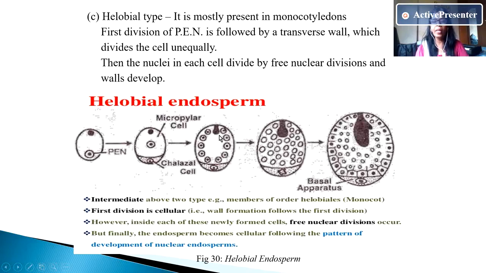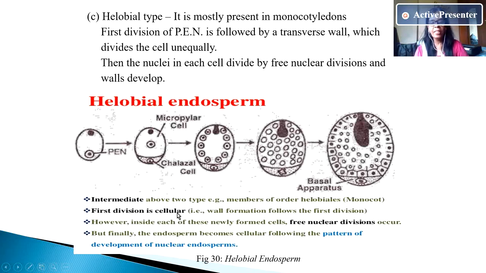Then free nuclear division takes place, and after the free nuclear division, cell formation takes place in between. So this is known as the helobial type. It is intermediate between the two types, and is found in members of the order Helobiales, monocots. It is intermediate between nuclear and cellular endosperm formation.